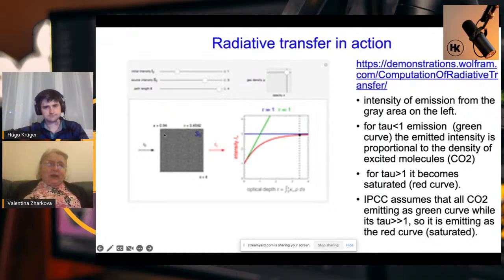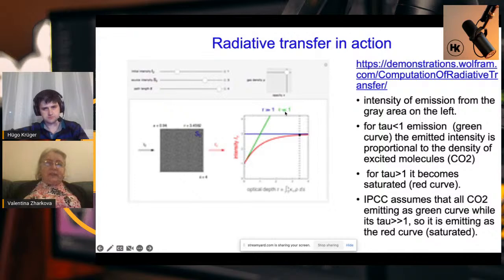Radiative transfer. This is the gray box, and this is the solar radiation with this black line. The gray box is your CO2 emission, and red is what is coming out from that. If your optical thickness is less than 1, you indeed can add the emission from each molecule together, because the resulting emission is linearly proportional to the optical thickness.